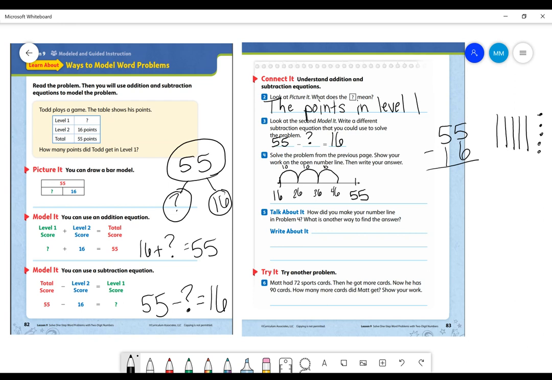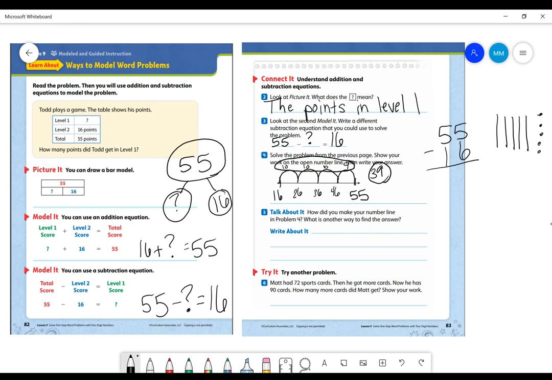What did we add to 46 to get to 55? We added 9 more. So then I can put all of these together to find that part. So 10 plus 10 plus 10, so 10, 20, 30, and 9 more. So 39 is our missing part.